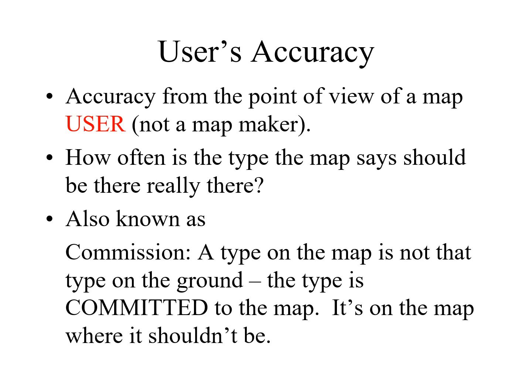So I see forest, I see a big map of forest. What percent of those are actually forest? Or alternatively, what percent of those are not forest? This is also known as commission error. So a type on the map that is not the type on the ground, that type is committed to the map. It's on the map where it shouldn't be.